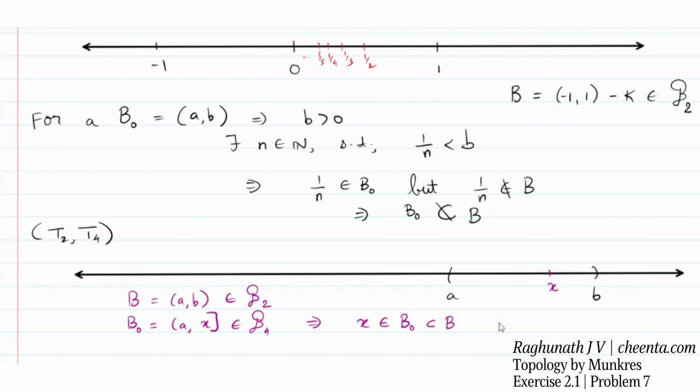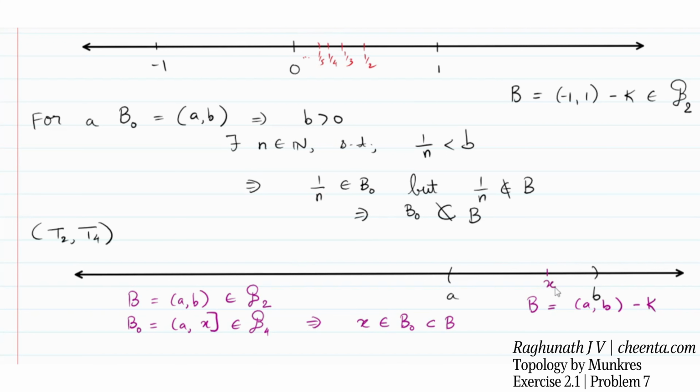So for this form of basis element, I can always say that there is a basis element in T4 contained in it. But B can also be of the form a to b minus K, right? In that case, what will you consider b naught to be? In that case also I can find the b naught given x.